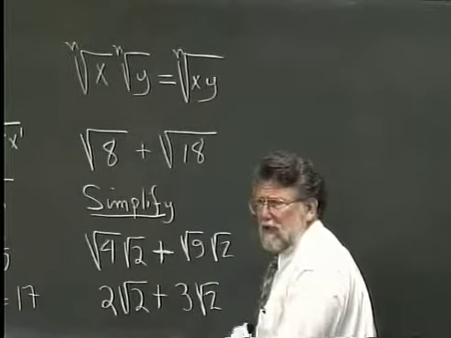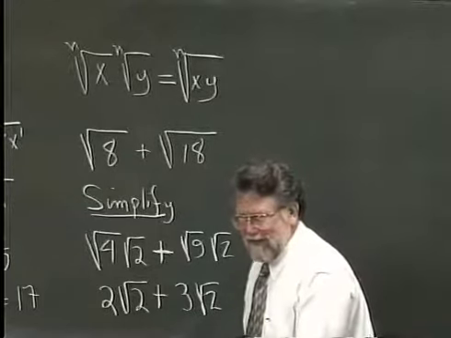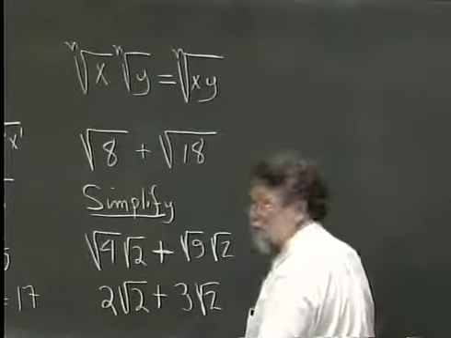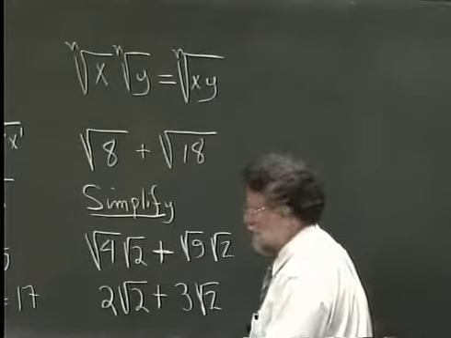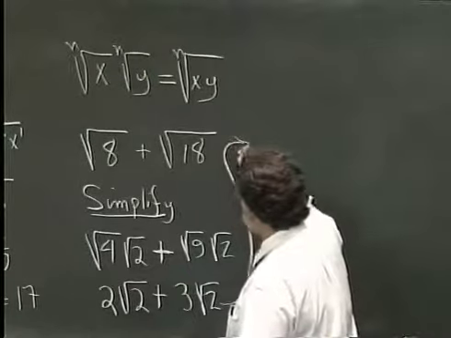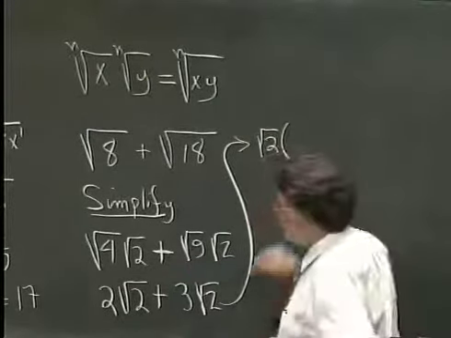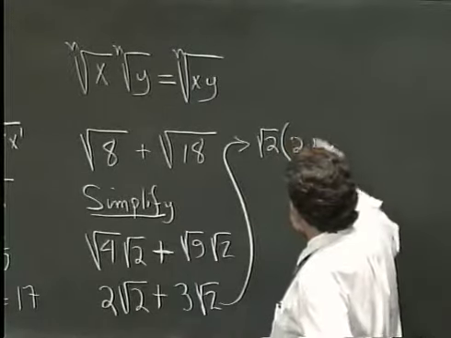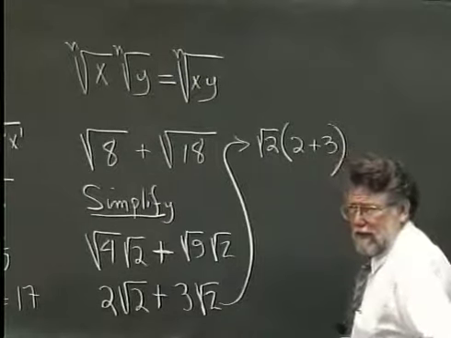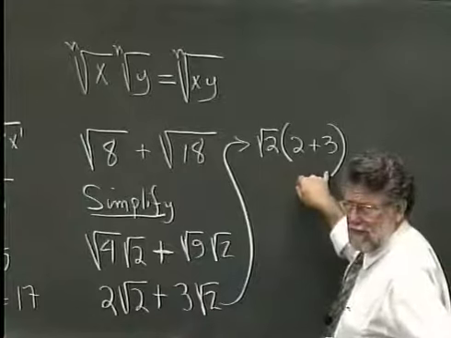Now, if this was 2x plus 3x, you would say 5x. So I'd like immediately to be able to go and say 5 the square root of 2. However, maybe you would prefer to see the square root of 2 taken outside as a distributive property of factoring. This is Jennifer's factoring.